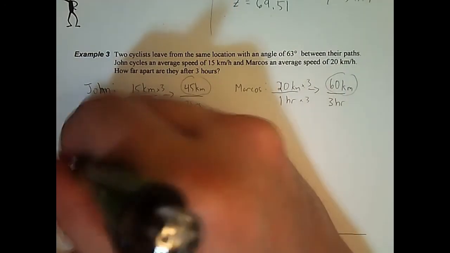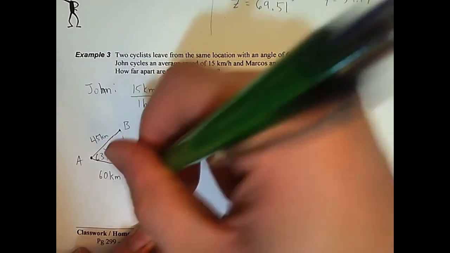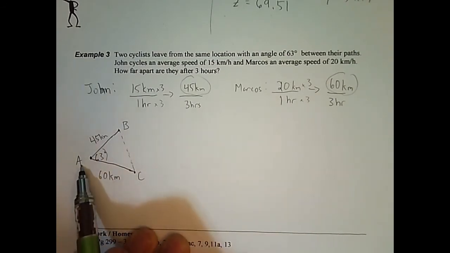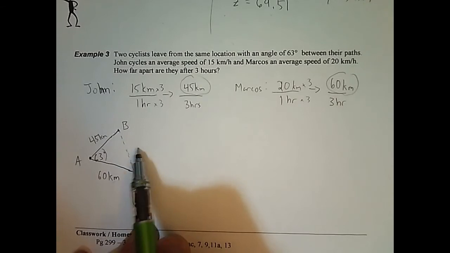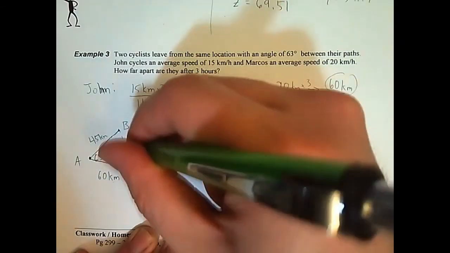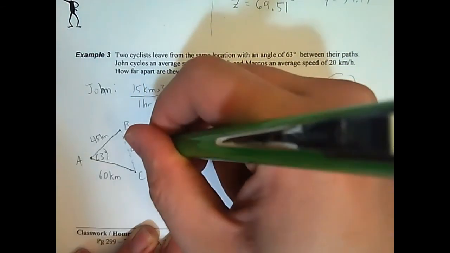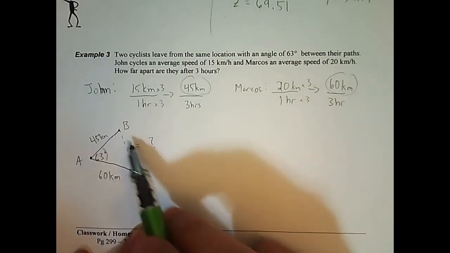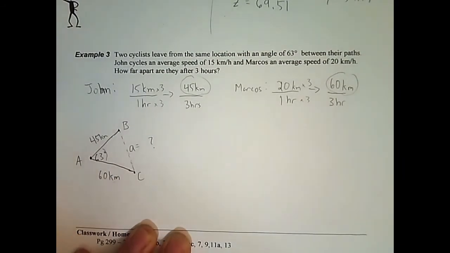Let's just call this A, B, C again. And I'm trying to find what letter? Well, I know angle A is here. I want to find this distance. This is opposite angle A. So I'm trying to solve for side A. So I don't actually have to solve for everything here. I just want to solve for this one part for this particular question.